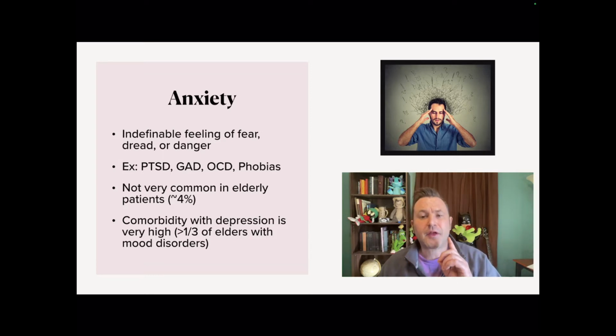Now, the comorbidity with depression is very high. If you have a geriatric patient with depression, about 1/3 of those people will also present with an anxiety disorder, usually generalized anxiety disorder, but it could be other ones.